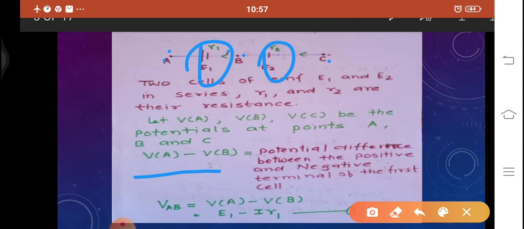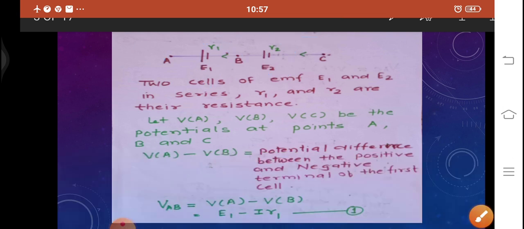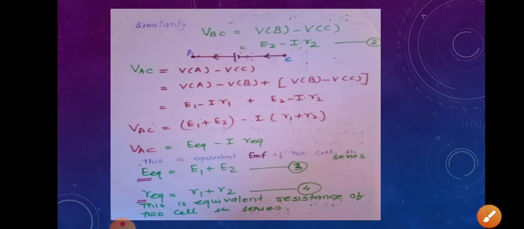The current I is flowing throughout the circuit, and if we take these two points B and C, since we have cell E2, it becomes E2 minus IR2.